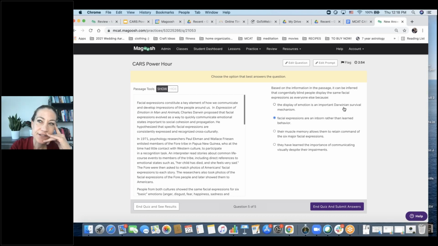An evolutionary advantage could mean higher survival in people who have this ability to read or express emotions.